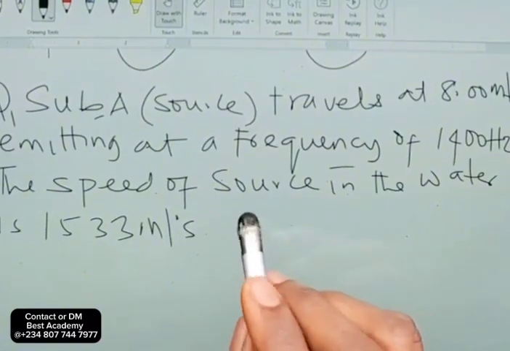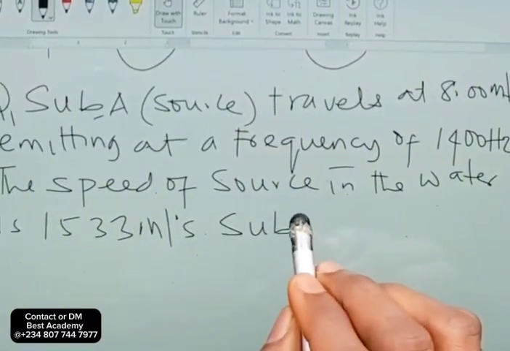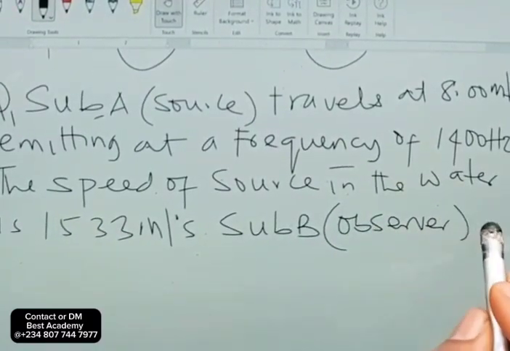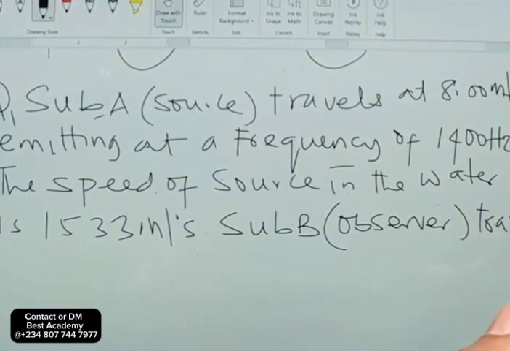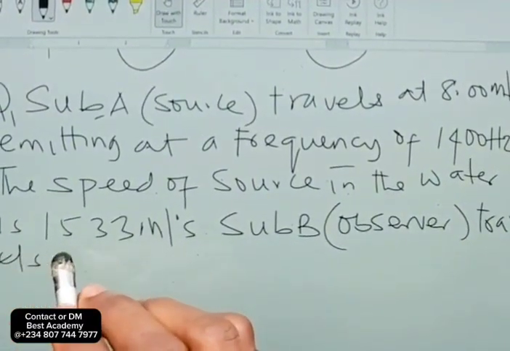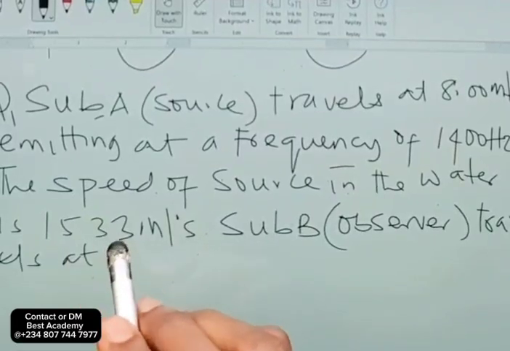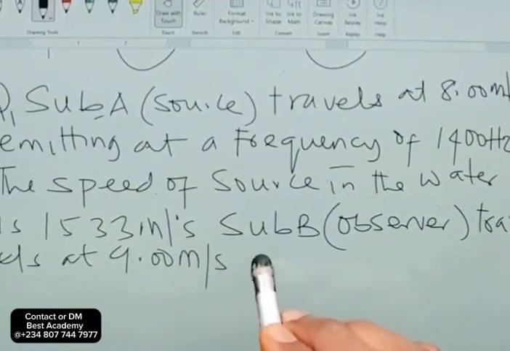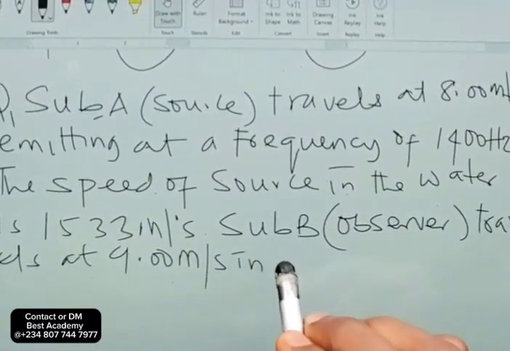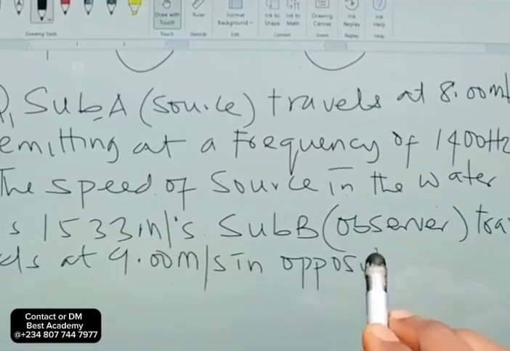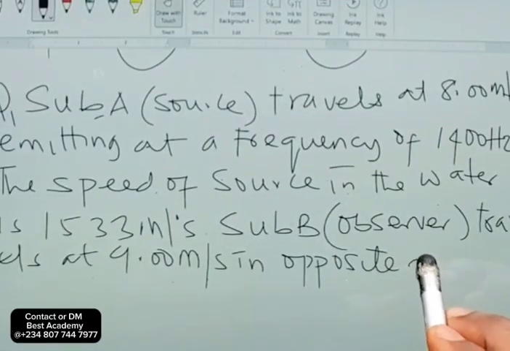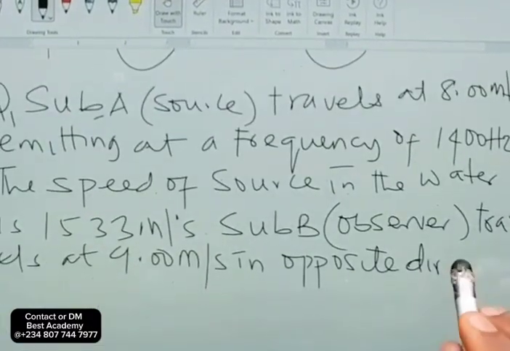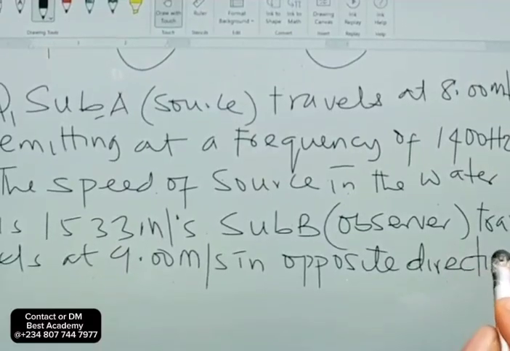Full stop here. Sub B in bracket, observer travels at 9.00 meter per second in opposite direction. Full stop here.